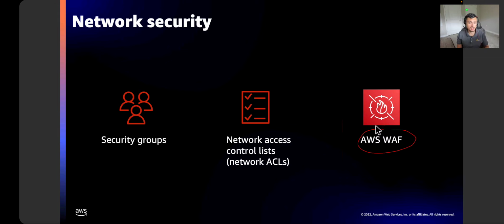So if we have things like cross-site scripting attacks or SQL injection attacks, we can have web ACLs sitting at the edge. That's where they sit. They don't sit within the VPC. They sit outside the VPC at the edge, and they can filter out these malicious requests, right? So we can protect our web apps against those kinds of application level threats.